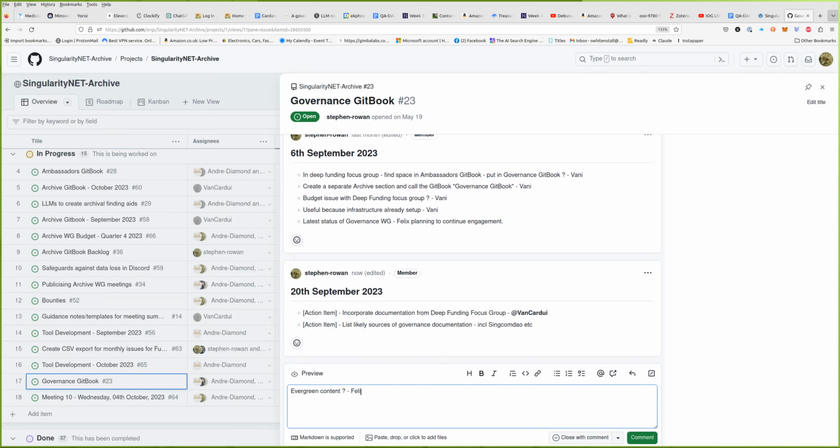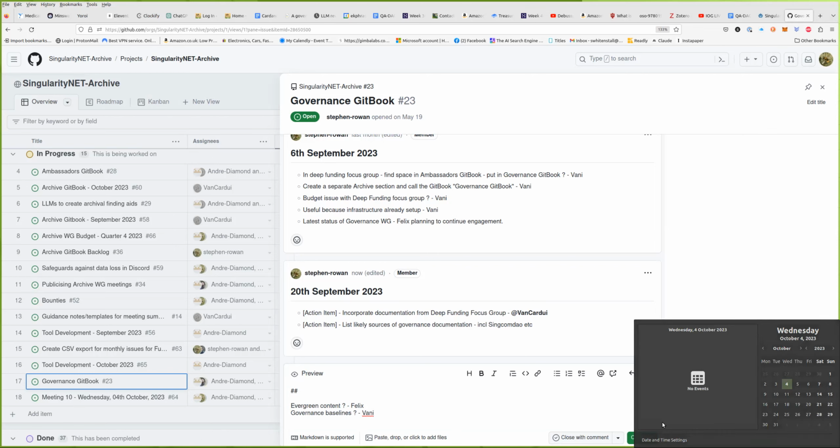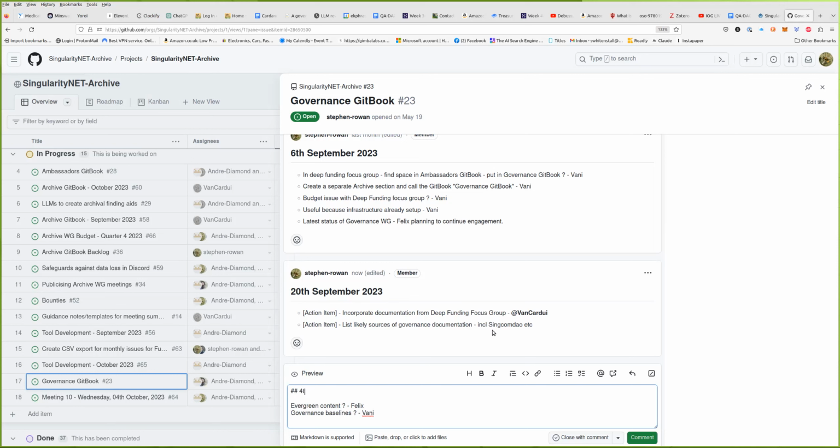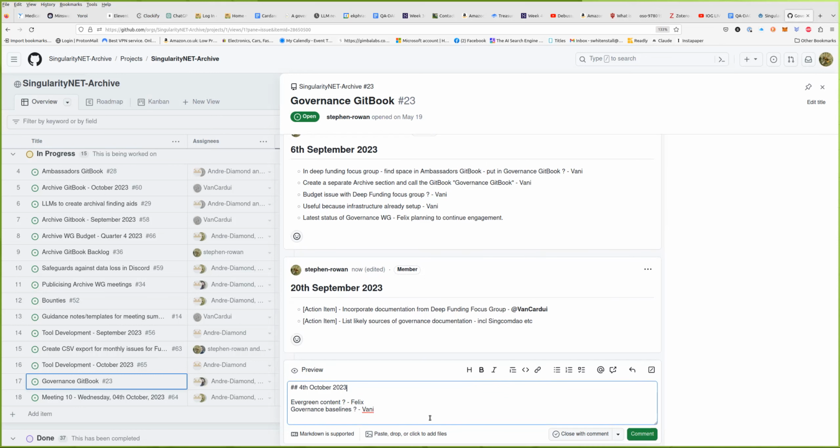But that evergreenness is much clearer with the ambassadors Gitbook, because that just aims to have current information about what the ambassadors program is all about, and when it changes we don't keep the past version. Whereas the archive is a constantly chronological record of what has been going on, and I think this Gitbook is kind of in between the two. Fair point too. Would agree on that.